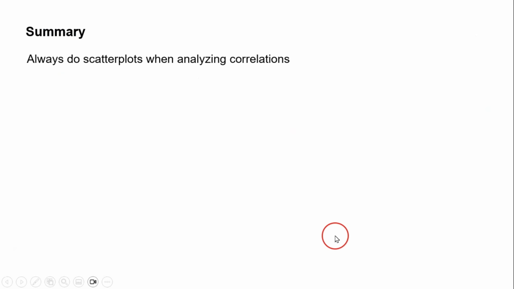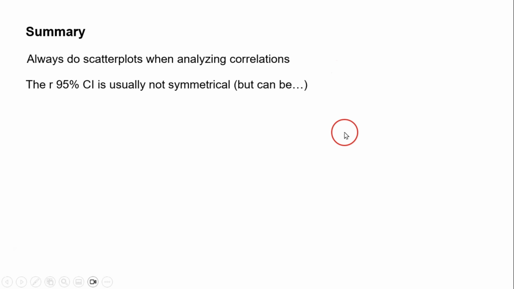Let's summarize. Always do scatter plots when analyzing correlations. The R 95% confidence interval is usually not symmetrical, but it can be if the population correlation is 0, right? Because then we can balance out the samples on either side to get a potentially symmetrical interval there.